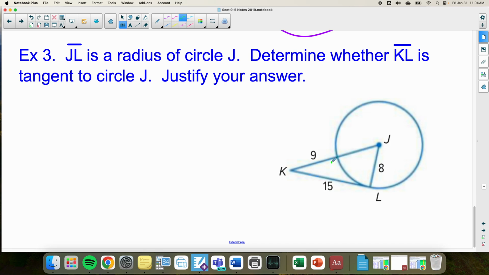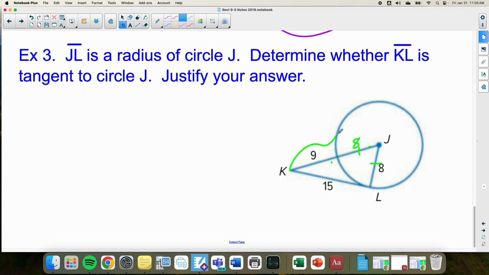But otherwise, if you look here, does it make sense for this whole segment to only be 9? No, because isn't that your hypotenuse? And for your hypotenuse, it has to be the biggest side, and this one's 15. Does anyone know what this distance would be? The radius, which is 8, right? Aren't these two radii of that circle, so they'd be the same? So this would be 8, okay?